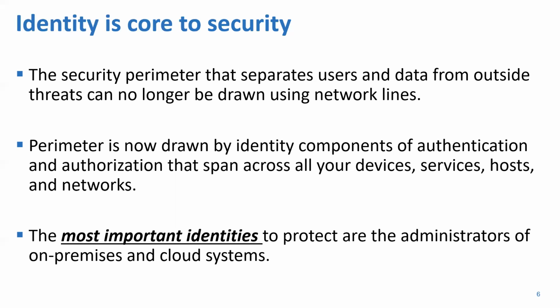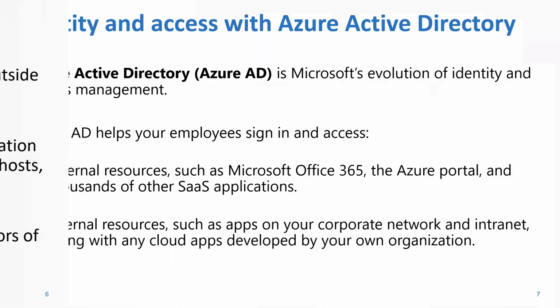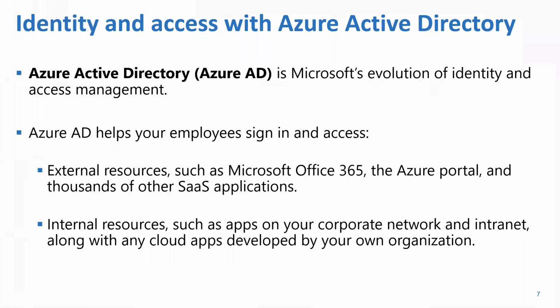We look into how Azure provides these various features and functionalities of limiting and restricting access. So, identity and access management with Azure Active Directory. Like I said, Windows Active Directory was something Microsoft introduced many, many years ago. And when Microsoft came out with the cloud offering, they evolved Windows Active Directory into Azure Active Directory.